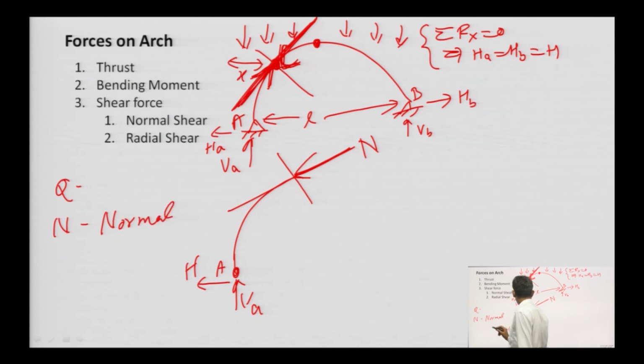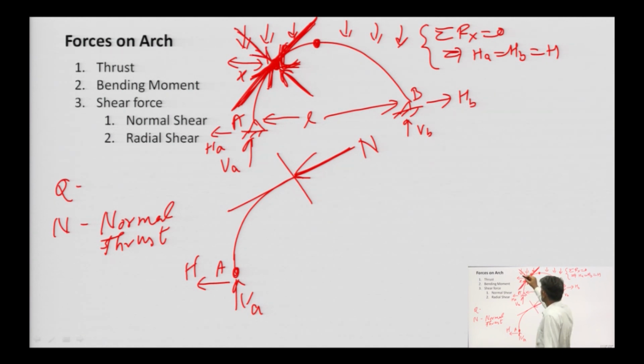Equal and opposite forces are coming at that section. It is better to use normal thrust, and there is another force that is coming in that direction.